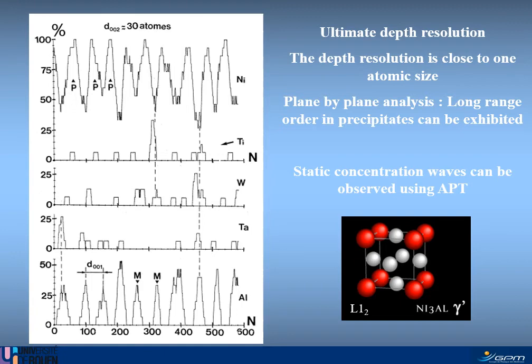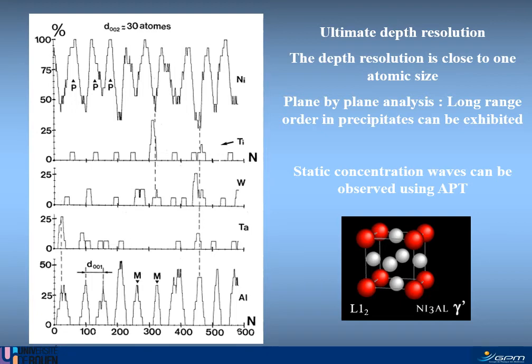And if you look now at the addition elements, tantalum, tungsten, and titanium, you can see that tantalum is preferentially located in aluminum enriched planes. This suggests that tantalum substitutes for aluminum in this ordered structure, in these sites here, in the corner sites, in contrast to the face center sites.